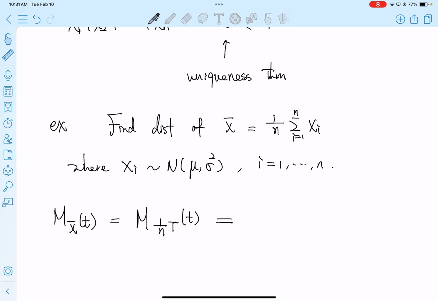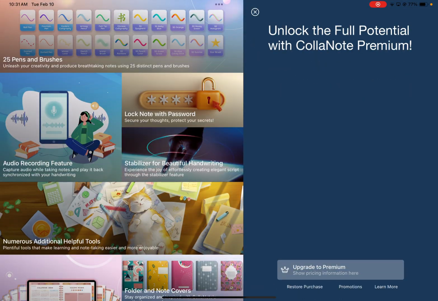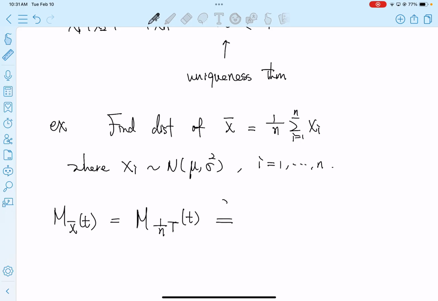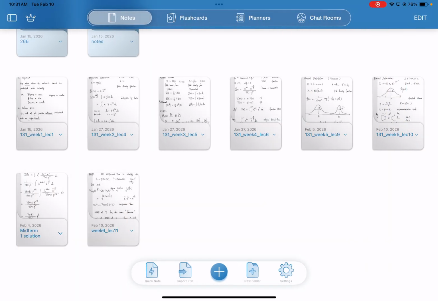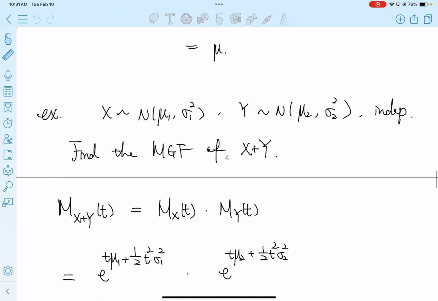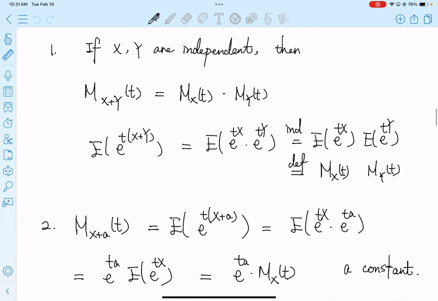I think it's property 3: when you scale a random variable, this is equal to the moment generating function for t, but you also scale the input of this function by that factor. So maybe let me bring back the formula from last lecture.